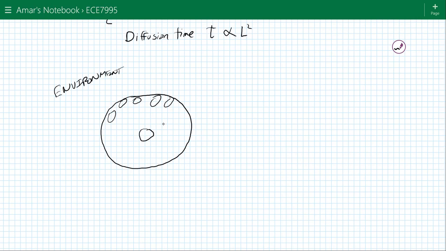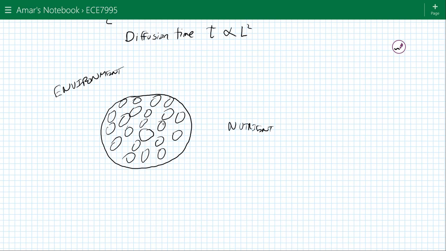Multicellular organism. Tumors look kind of like this. Now, the environment has nutrients. Nutrients from the environment go into here, and then waste products are excreted out.